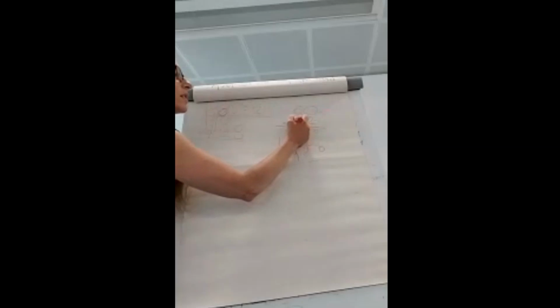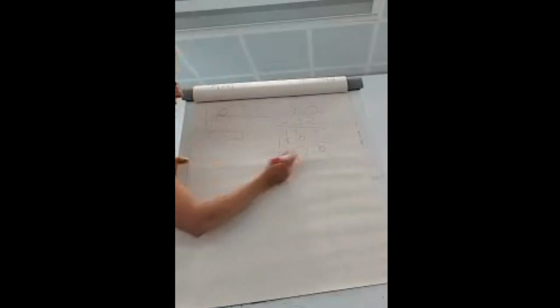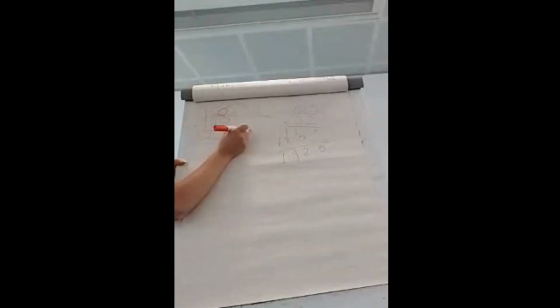So you started with 2 times 0 first, then 2 times 6. Then in your second go, you did 3 times 0, and then 3 times 6. And you moved this way, and I moved that way. But we all come to the same answer, so that's fine.